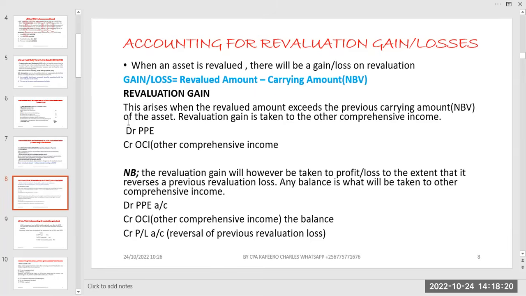In normal business transactions, revaluation gains and losses are not supposed to be taken to profit and loss because they are not actually realized, they are not actually real. We've just made them.